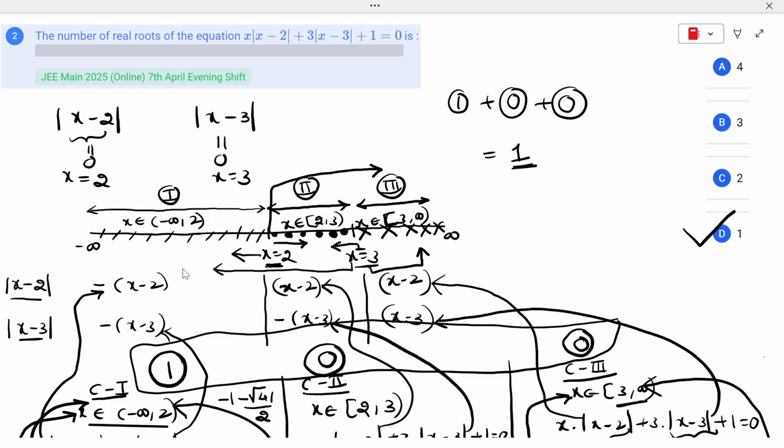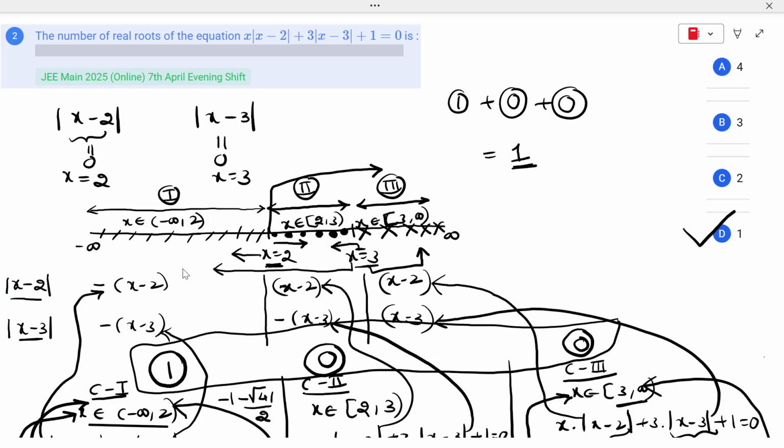What should I understand from this question? The question teaches us, when we have more than one modulus term, how to split into regions and how to write the x values for the corresponding regions. Not only that, when we solve the equation under different types of regions, always make sure that whatever root you got under a certain region, is it a valid root or not?